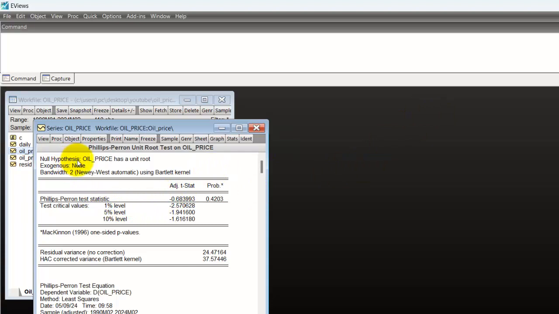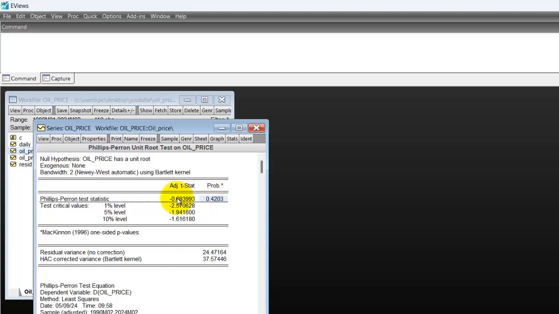Now look at this. For Phillips-Perron at none, the exogenous none, the result is not stationary. Why? The probability value is greater than 10%, and if you use the conventional level, it's greater than 5%.